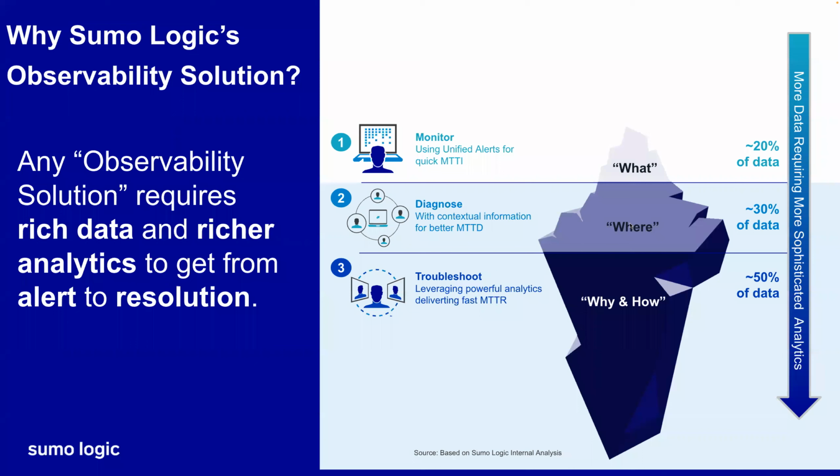Now, as you want to get deeper into diagnosing and troubleshooting, more data is required. By adding more data, we can get the where, the why, the how, which is going to give us more insight. Not just knowing what has gone wrong, but where it went wrong, why it went wrong, and how it went wrong are very valuable pieces of information. And so that's what I'm trying to demonstrate here.